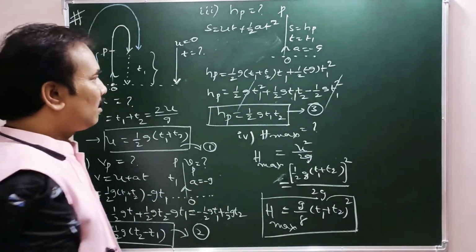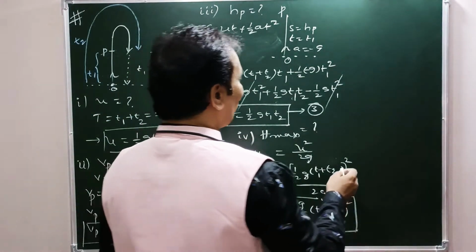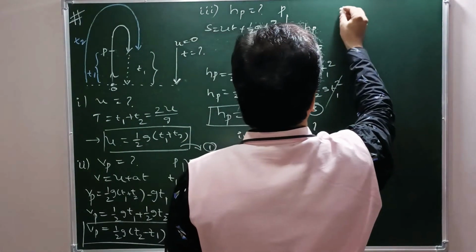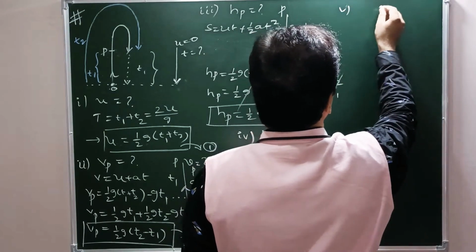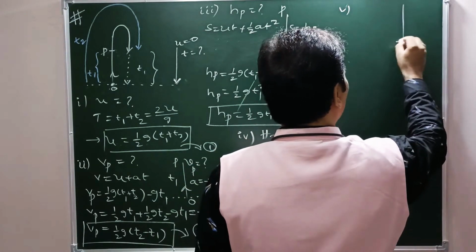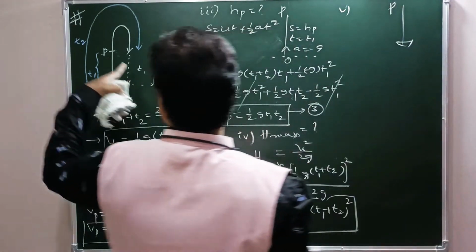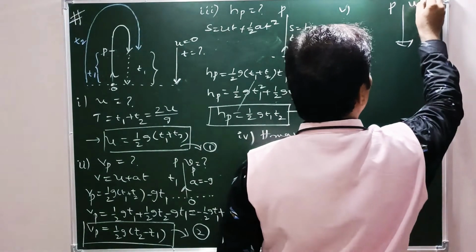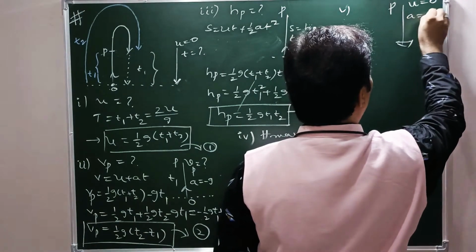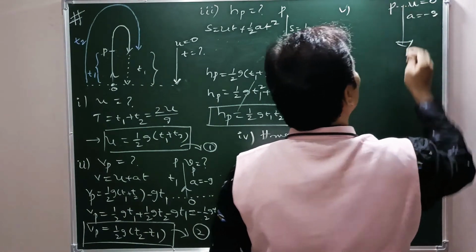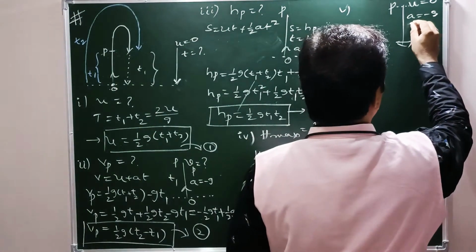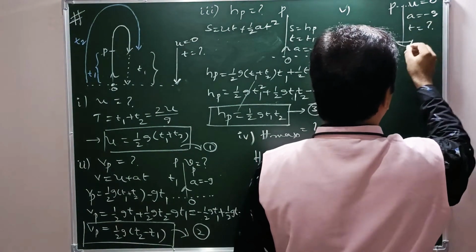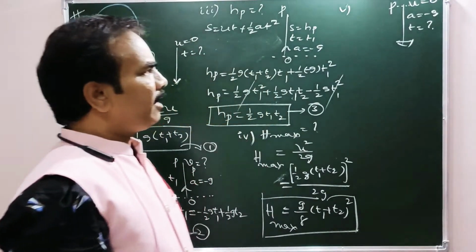Now what is the relation between T1 and T2? Let us check. See number 5. Suppose one body is dropped like that from point P. Dropped means u is 0, a equals minus g, because this is our reference line, gravity downwards. Now the question is to find the time taken to reach the ground.